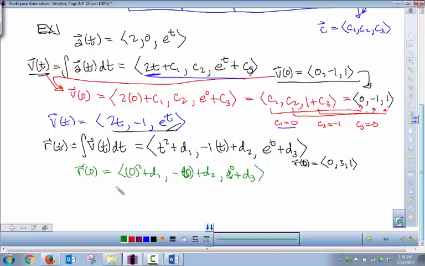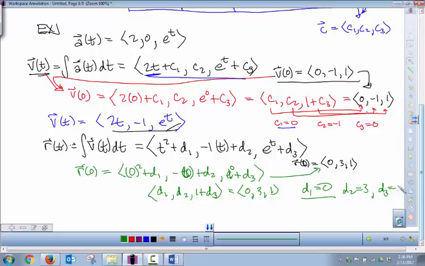So when we set these two equal to each other, because it's supposed to be equal, we're going to get d1, comma d2, comma 1 plus d3 equal to 0, comma 3, comma 1. So again, we get d1 is equal to 0. d2 is equal to 3 in this case. And then d3 is equal to 0 again.